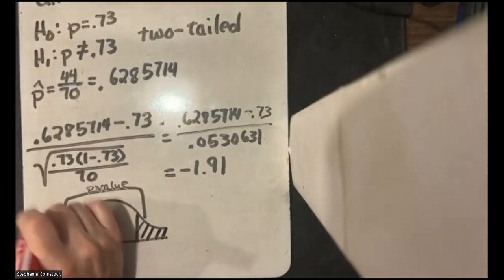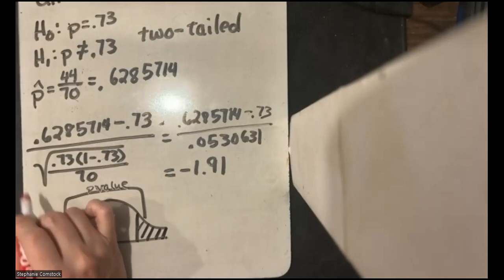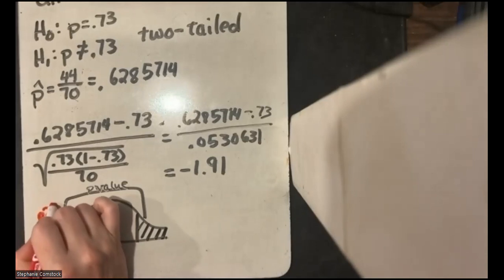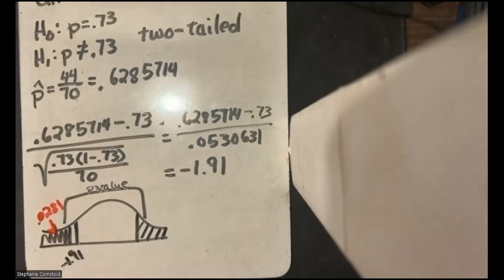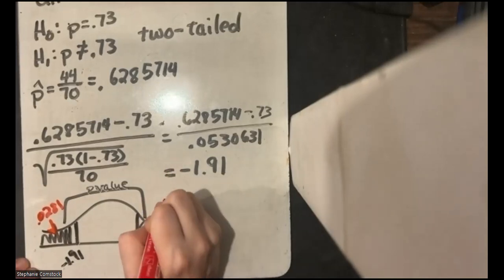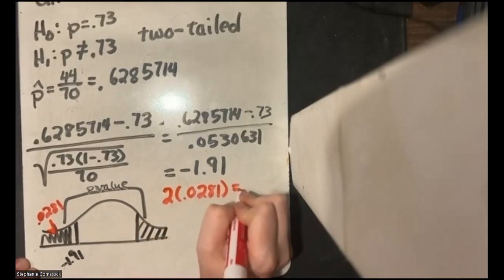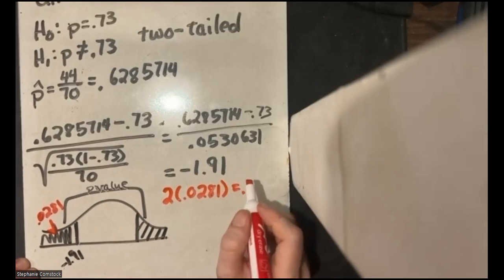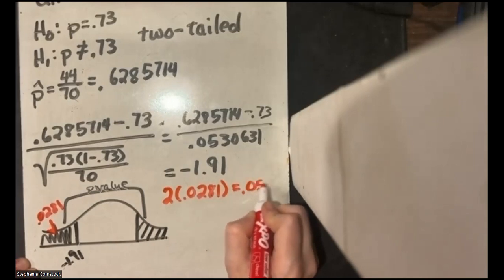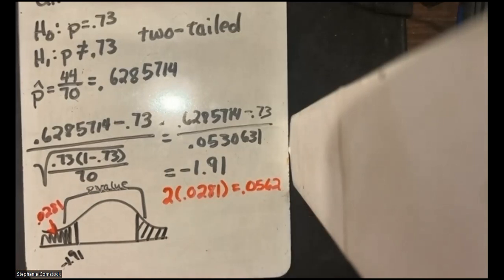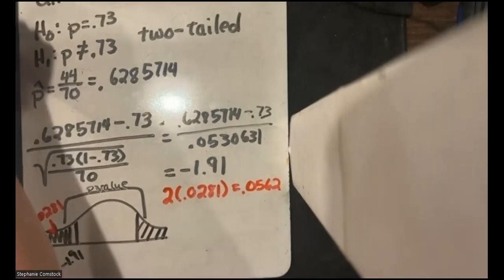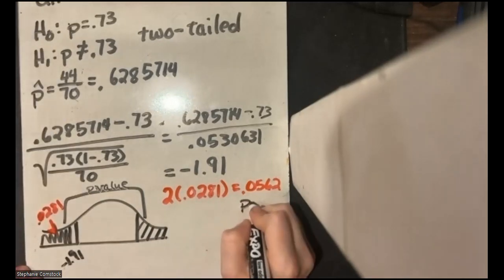So this side is 0.0281. Okay, so now I need to double this. So 2 times 0.0281 is 0.0562. Okay, this is my p-value.